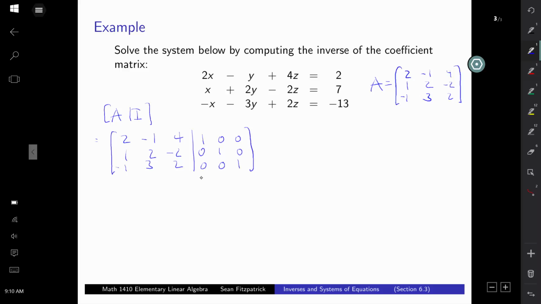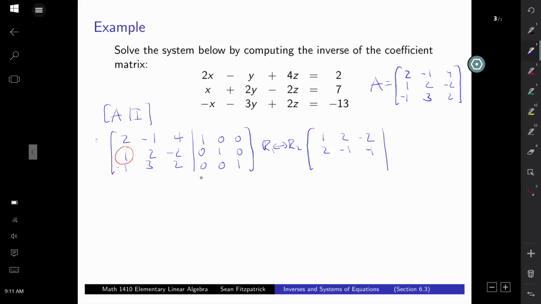First thing we've got to do is get our leading 1. We can see that there is already a 1 hanging out in the second column, so the easiest way to get a leading 1 in the first column, first row, is to swap rows 1 and 2. 1, 2, minus 2, 2, minus 1, 4, right?